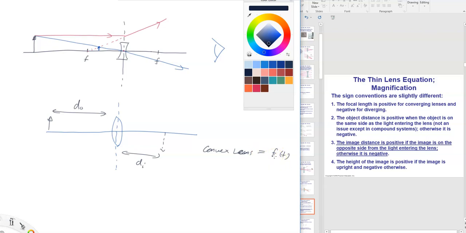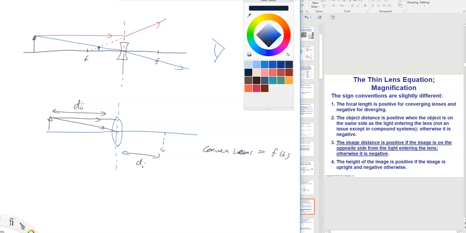Concave lens, F negative. Object distance is positive when the object is on the same side as the light entering the lens. That is usually the case all the time. Light is entering the lens from this side, in this case the left side, light is coming in. The object is on the same side. So this distance is a positive distance.